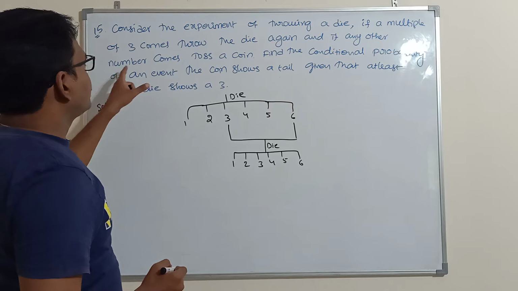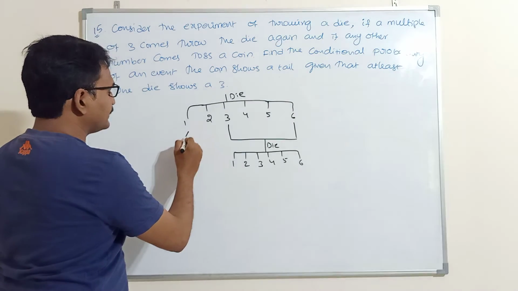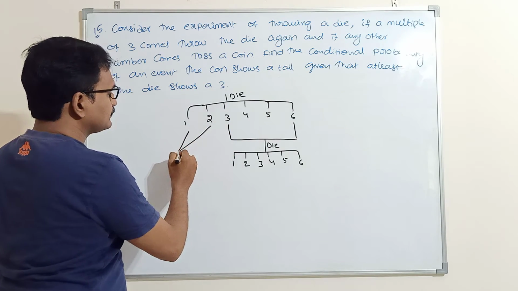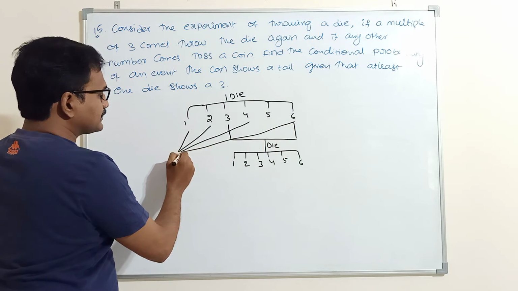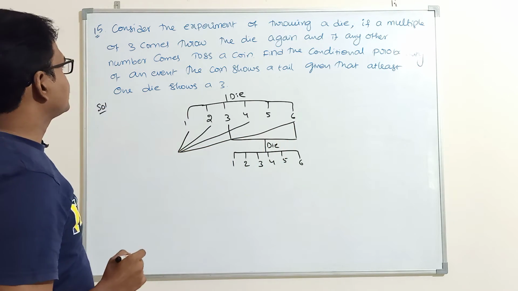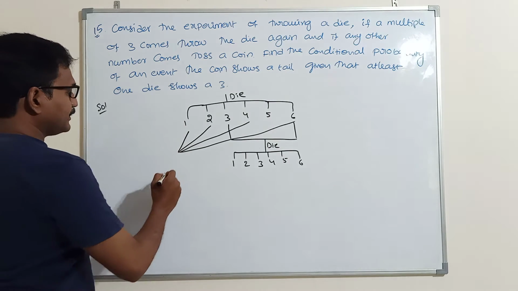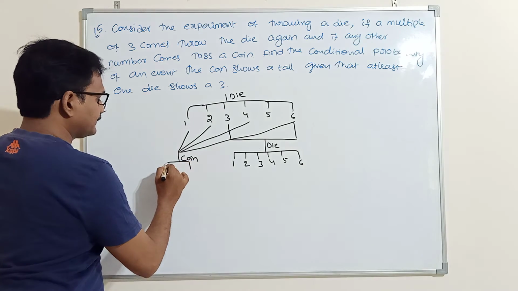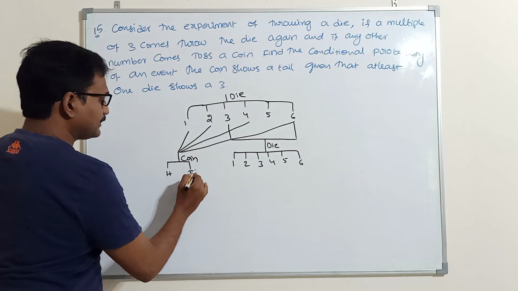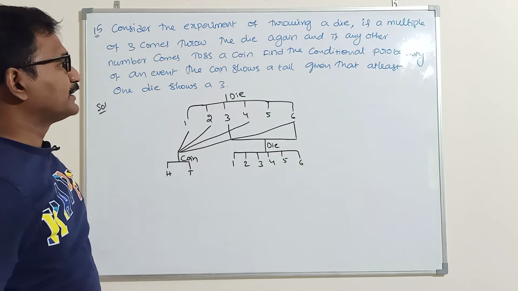If any other number comes, meaning 1 or 2 or 4 or 5, toss a coin. Coin means either head or tail are the sample points.